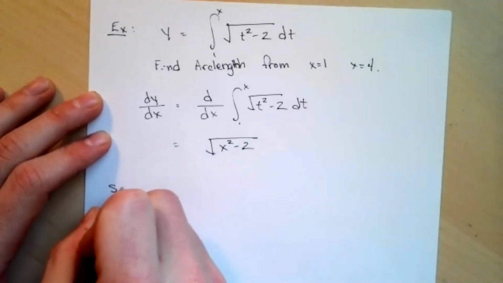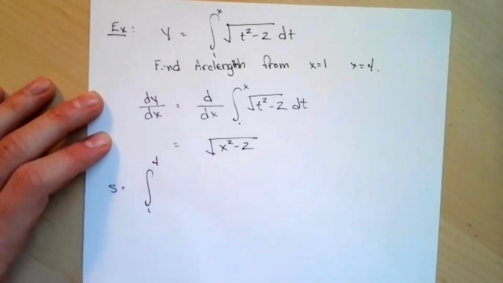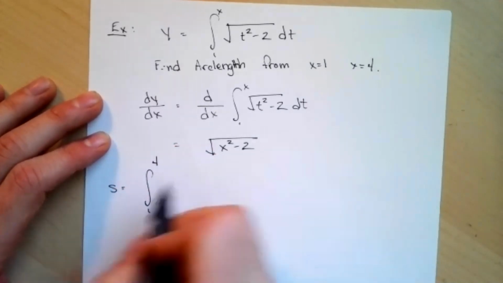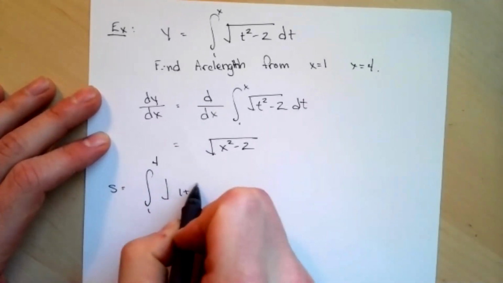And so our arc length, our integral is going to go from 1 to 4, since we're given the bounds, and we want square root of 1 plus dy dx squared.